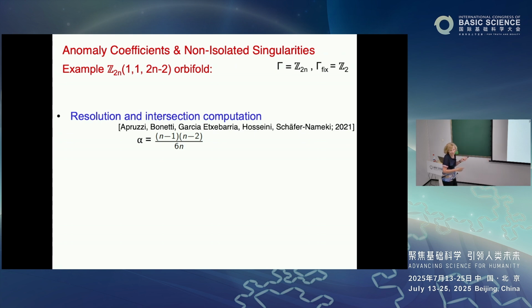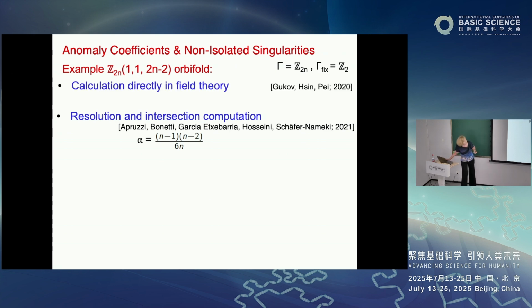Okay, they got this result. This is all resolution, right? Old story. Another coincidence is that actually Bergman et al. calculated this anomaly for this orbifold directly in field theory. They knew the spectrum, one loop, they did the calculation. It just happened this example to be in the literature, okay? And of course, these two results agree.